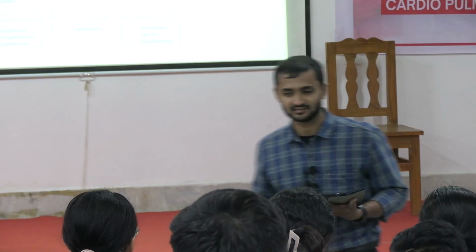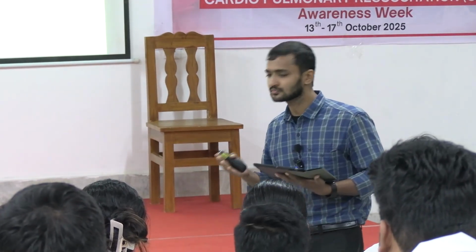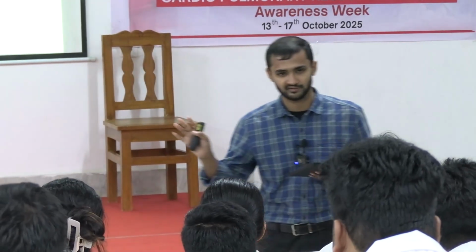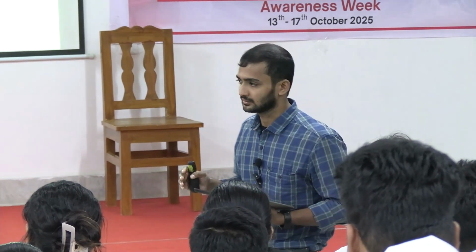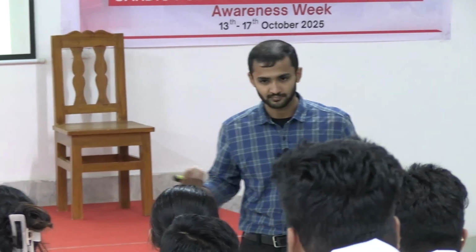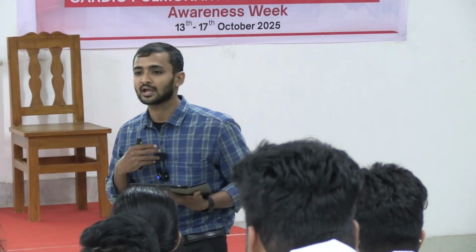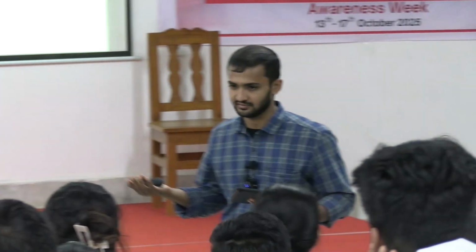What is the benefit of this type of tablet? Can you tell? Suppose according to his age and weight, he requires 250 milligram. I am taking the example of paracetamol. And you are having tablets at your home, and he can take orally. But according to your age and your weight, your dose is around 500 milligram.